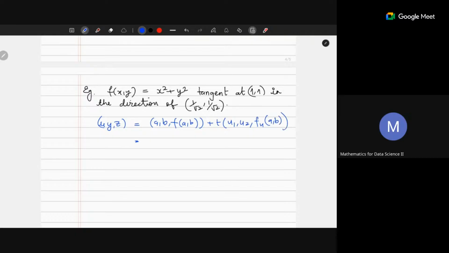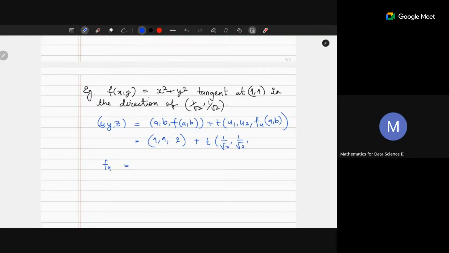Now a is 1, b is 1, f(a, b) is 2, t times u1 is 1 by root 2, u2 is 1 by root 2. Now what is f_u? Let's calculate f_u. What is f_u?